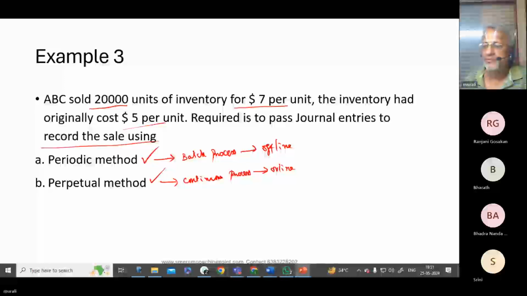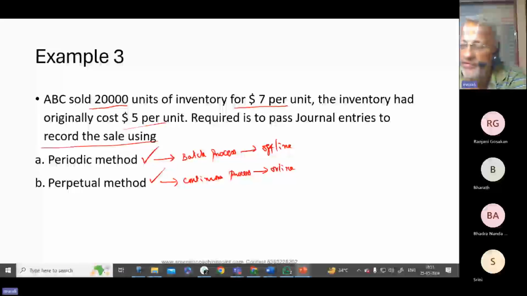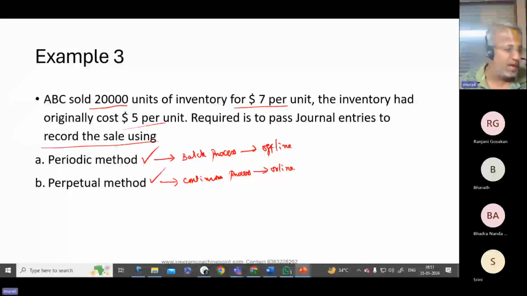That is why I'm telling you, even though we would not have discussed this in the regular class, I'm utilizing this space to try to bring about a lot of interest in the subject. Come on, come on. What is the journal entry that we are going to pass for sale?